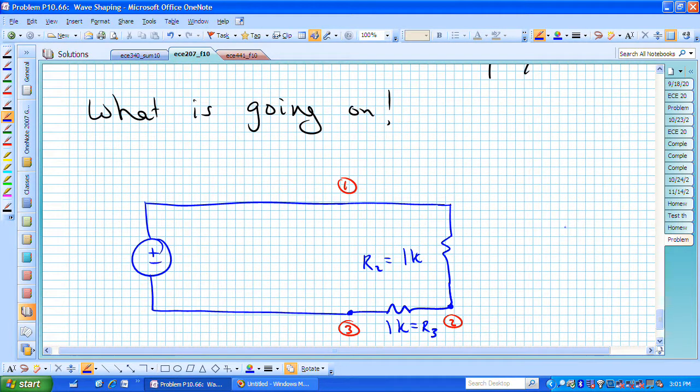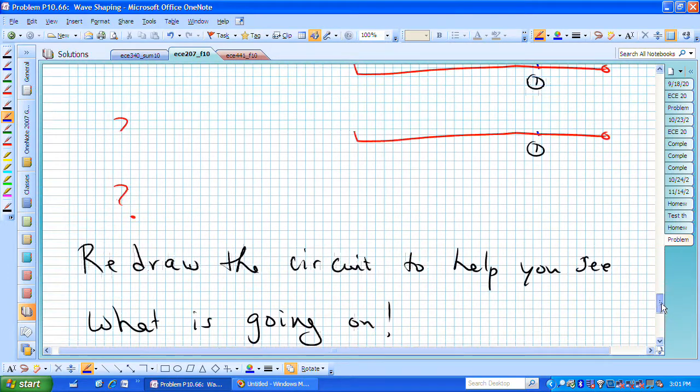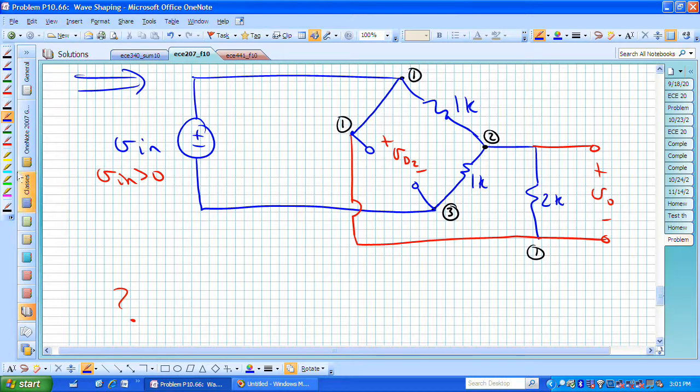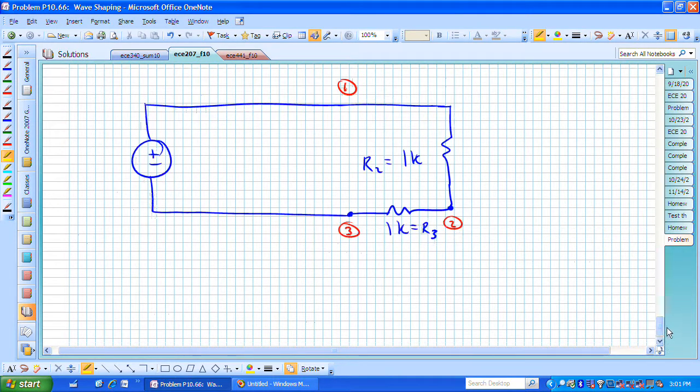And then we also have, if we go back to our circuit, this is still node 1, and so node 1 is also the negative side of this 2K ohm resistor, and the positive side is connected to node 2. Let's now draw that.